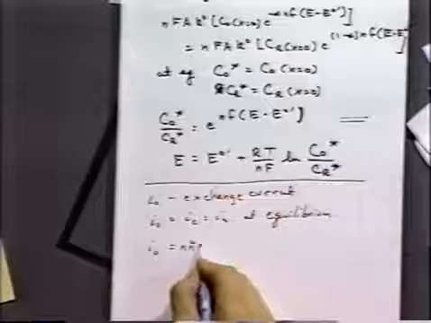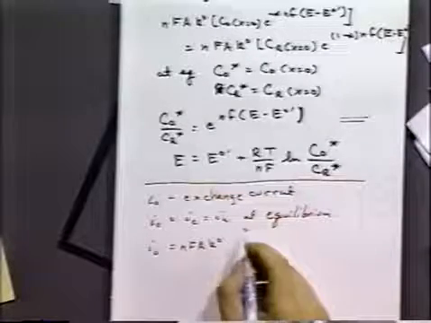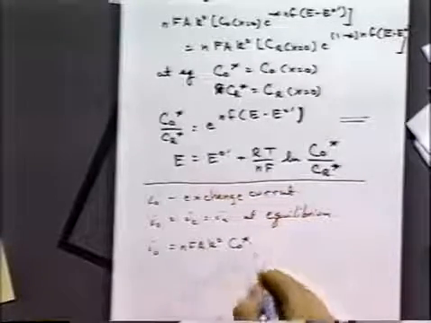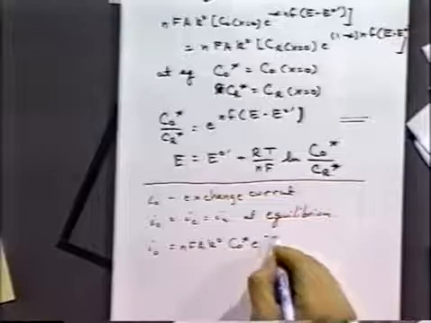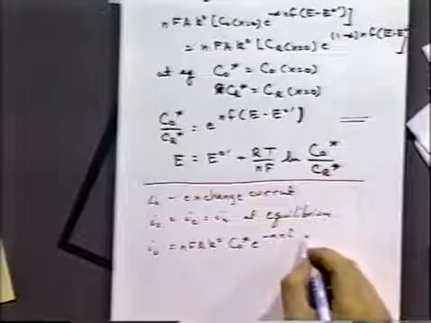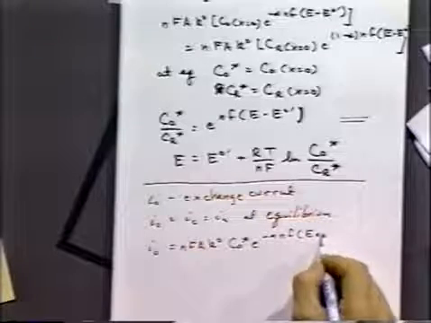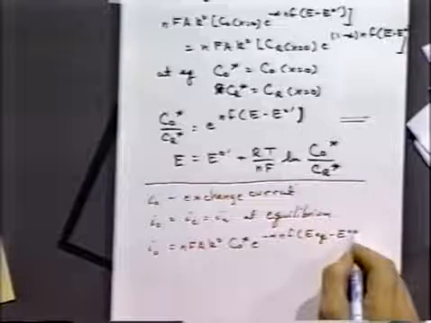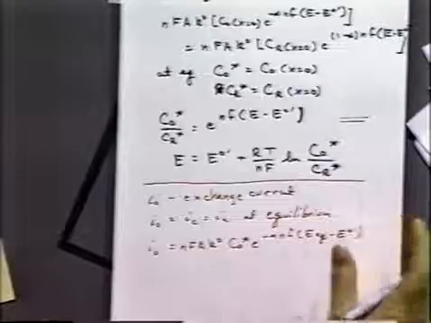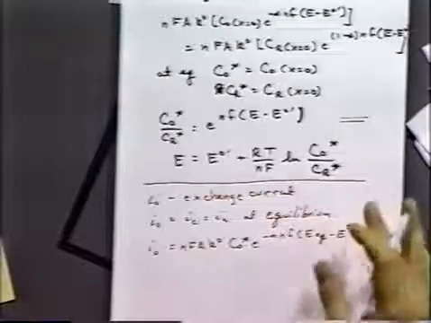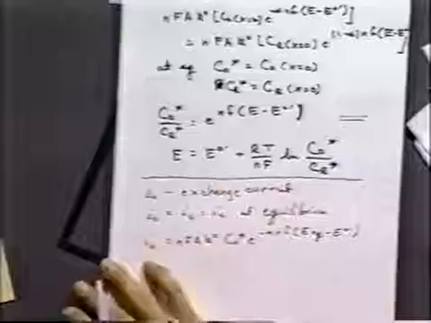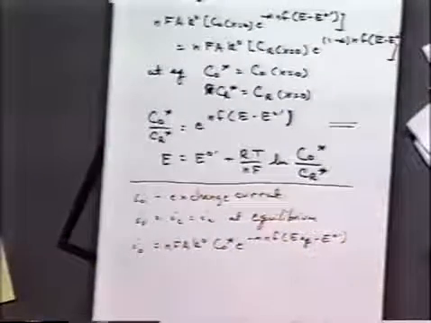Okay. So when we substitute in I0, we find that I0 is equal to NFA K0 C0 star e to the minus alpha NF E equilibrium. Here we're substituting in at equilibrium, so we take an equilibrium condition, and that's one branch of this expression that we've got above.